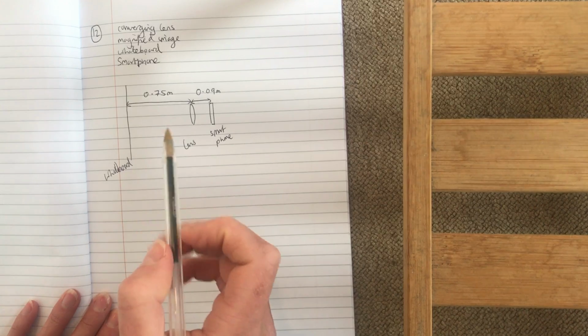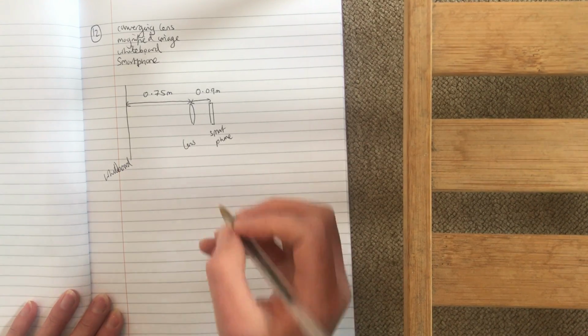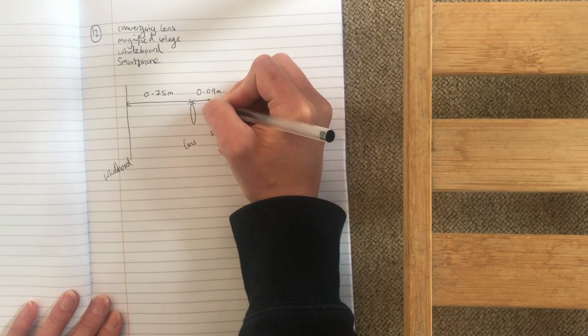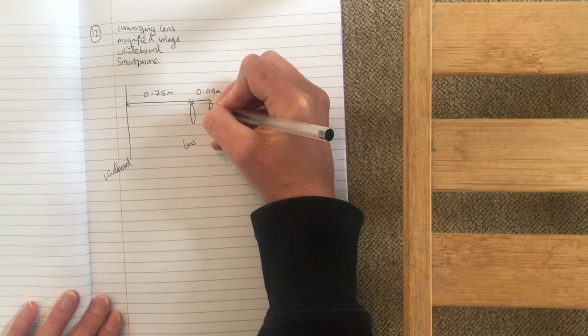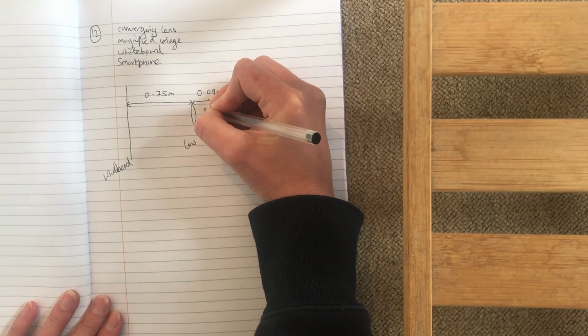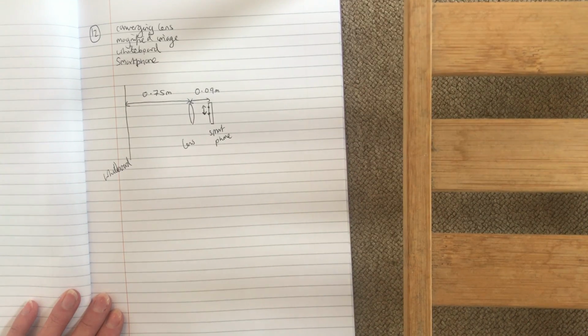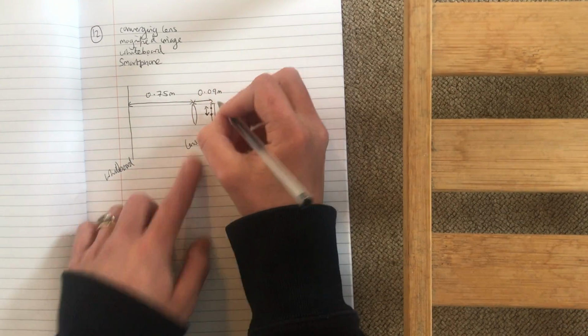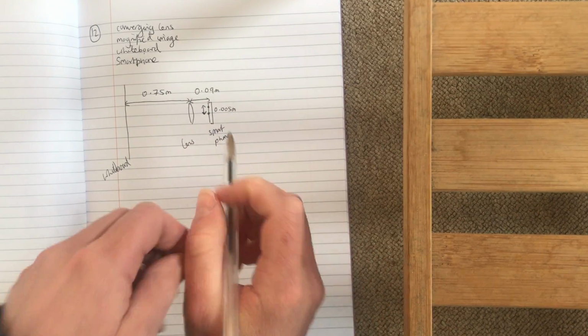And the display on the phone contained 2 dots that were 5 millimeters apart. So we've got 2 dots on the smartphone that are 5 millimeters, and 5 millimeters is 0.005 meters.